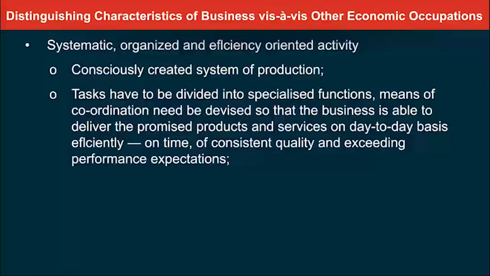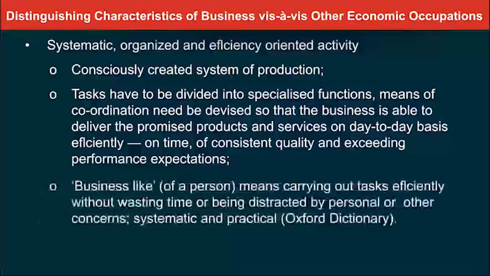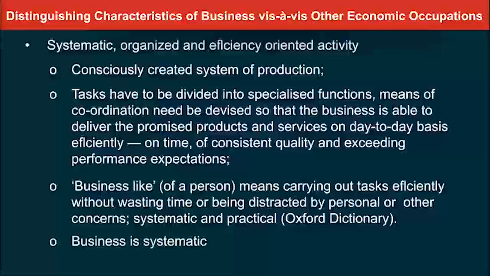You have to have specific systems in place. And business like means a person who is doing things very efficiently. Even in his personal life probably he'll do things very efficiently. So the Oxford Dictionary says: carrying out tasks efficiently without wasting time or being distracted by personal or other concerns. That is what a businessman is. He's systematic, he's practical. So that is what a business is.